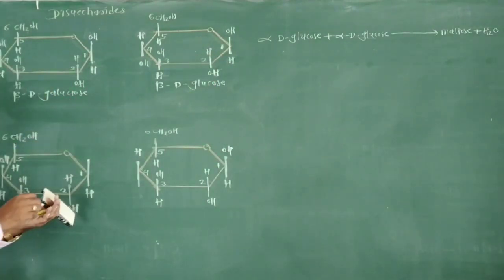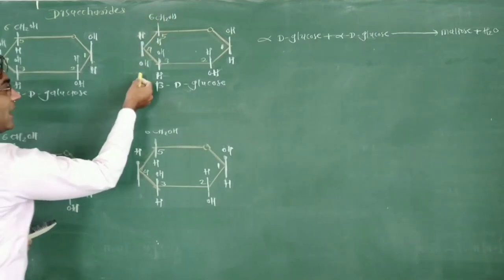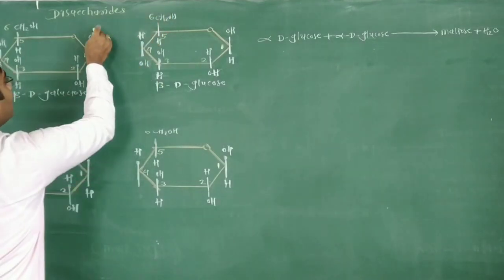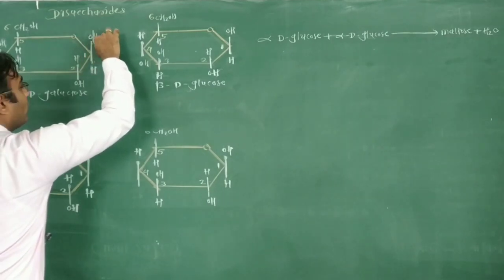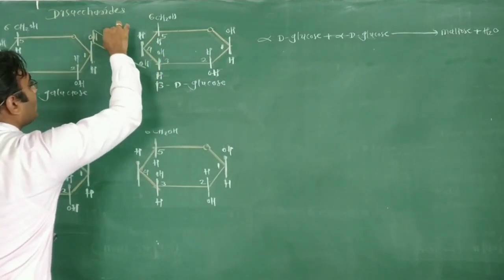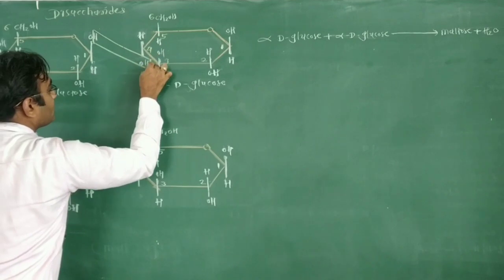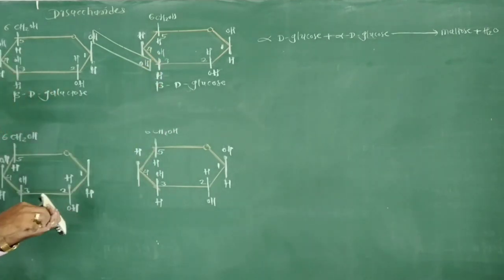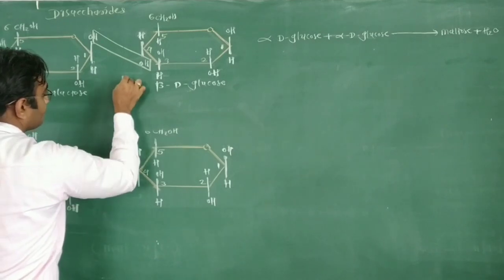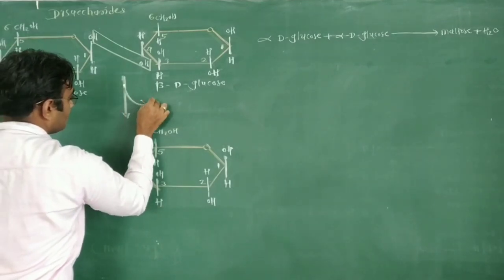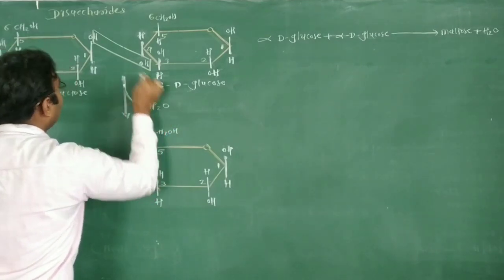Now a chemical bond is established by removal of one molecule of water: hydrogen from one monosaccharide and the OH group from another monosaccharide. Reaction between these two, water is released. What is left?